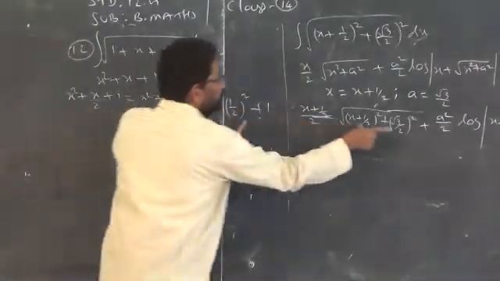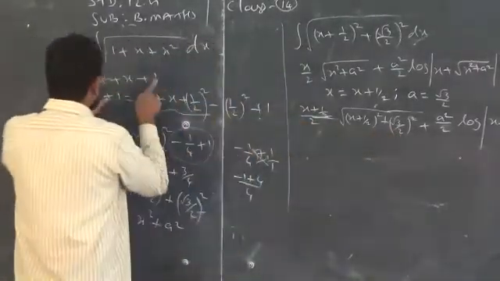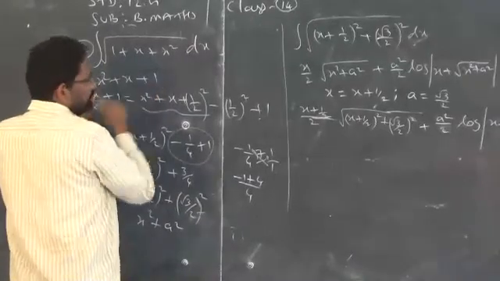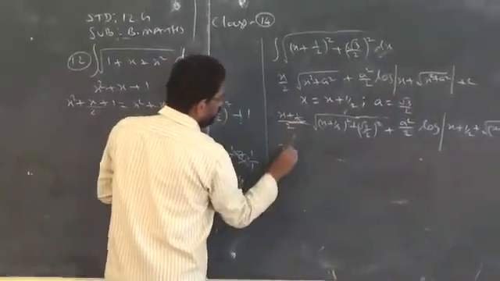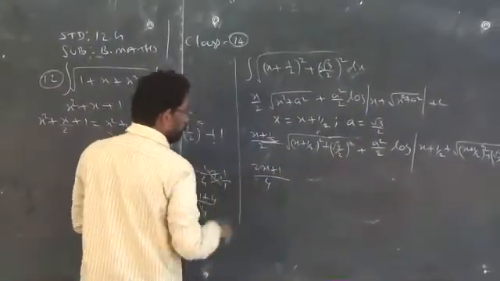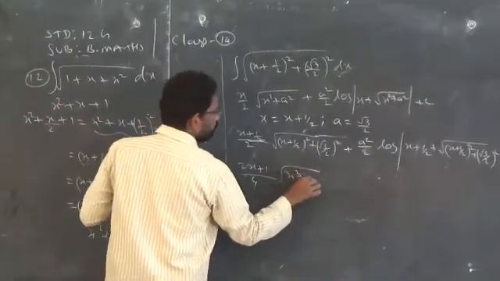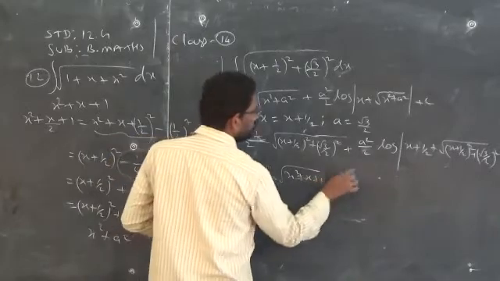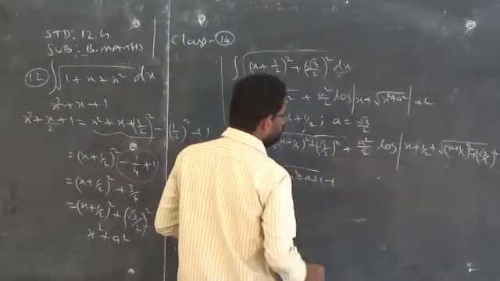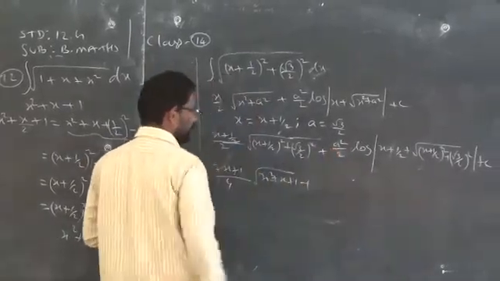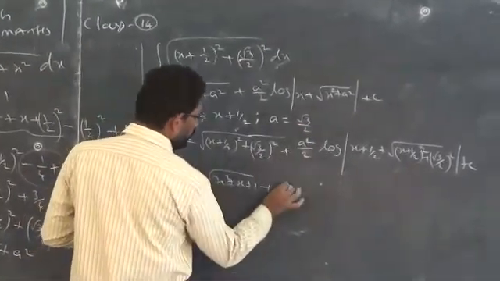So you have to replace these two terms by x square plus x plus 1. So you simplify 2x plus 1 by 4, then square root of that. That's all, very simple. What is for a? See, here I did not replace a. You have to replace a. What is a? Root 3 by 2 the whole square.